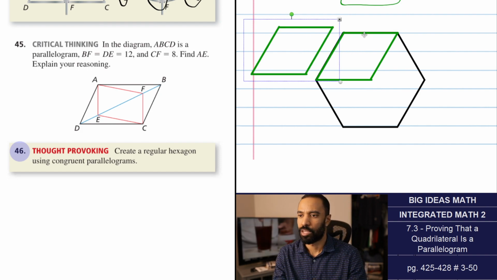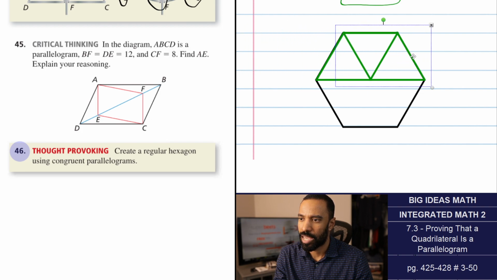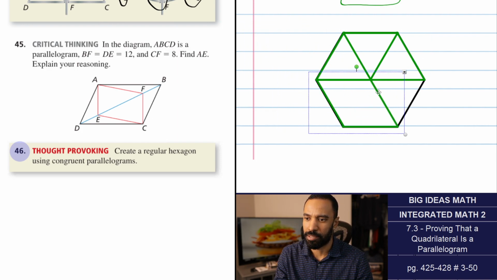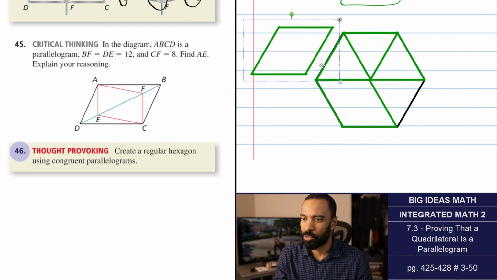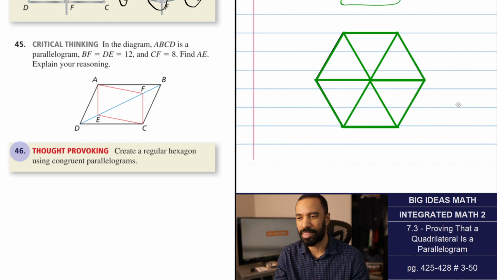Group it. Copy, paste. Okay, so I have that one. Let's flip it over this way, left, right, and then go right there. And then kind of just do the same thing. Copy, paste, copy, paste. And copy, paste the first one. I don't know if that counts for what they want, but without my hexagon shape, I made the hexagon.